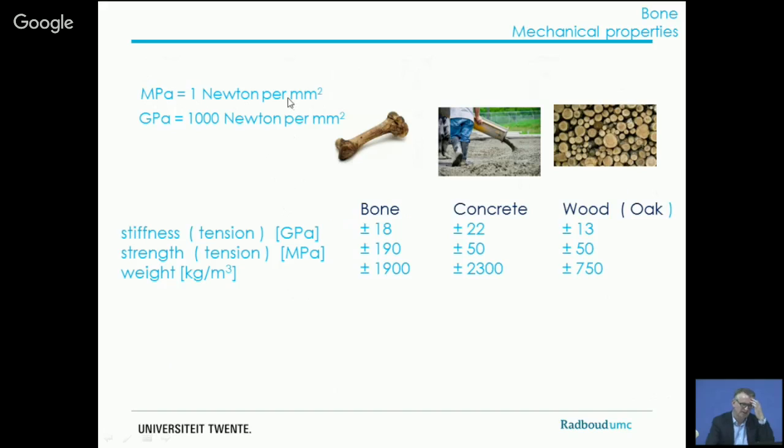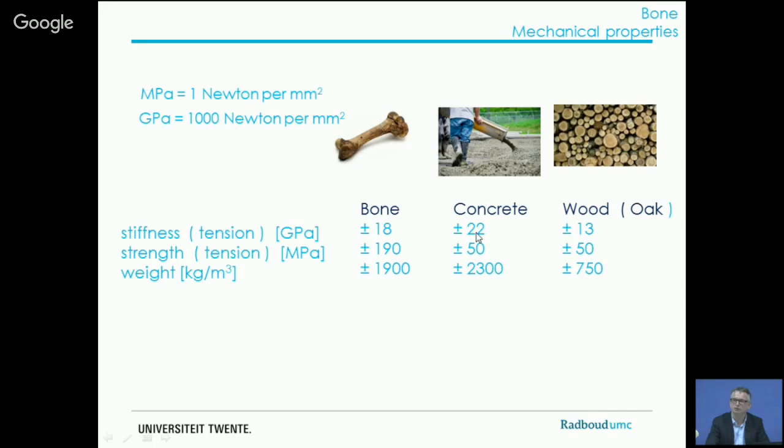Okay, and a gigapascal is 1,000 times more. So mega is a million, a giga is what is it? A billion.